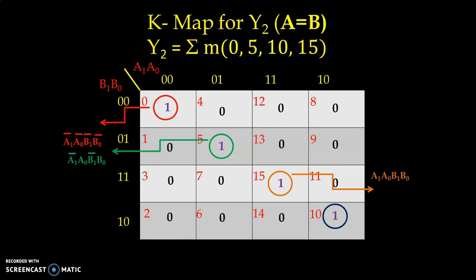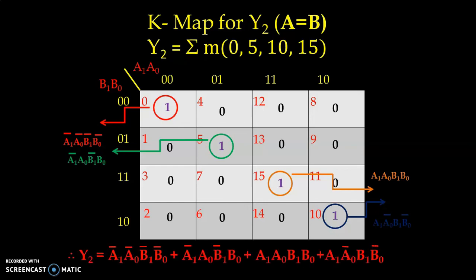In case of isolated groups of 1, we know that none of the variables can be eliminated. So we have 4 different product terms, and if we write a Boolean function for y2, all 4 different product terms are added together. So this way, based on the K-map, we can have a Boolean function for y2.